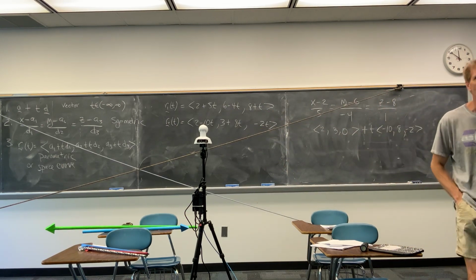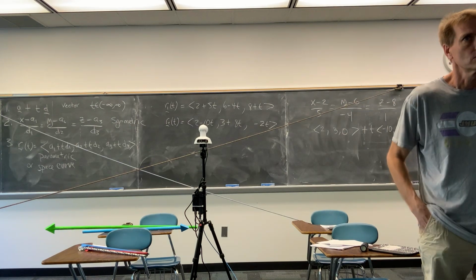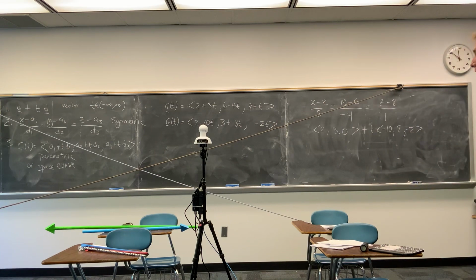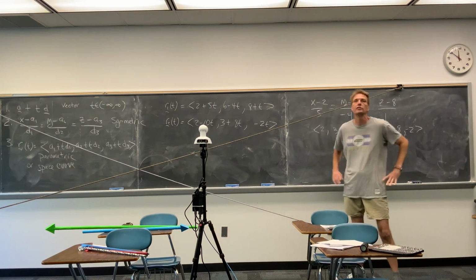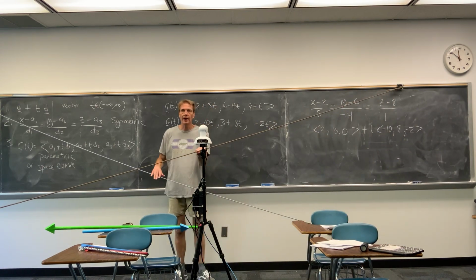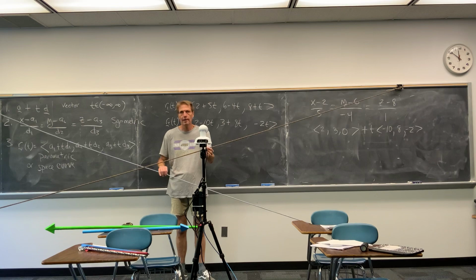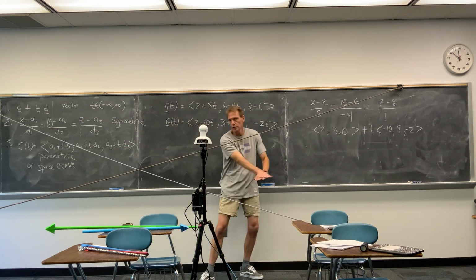Kids get confused by this. They're used to planes where they have to intersect. In general, in three-dimensional space, two lines rarely intersect. These lines are not parallel. One's shooting this way through the room, and the other's shooting this way.